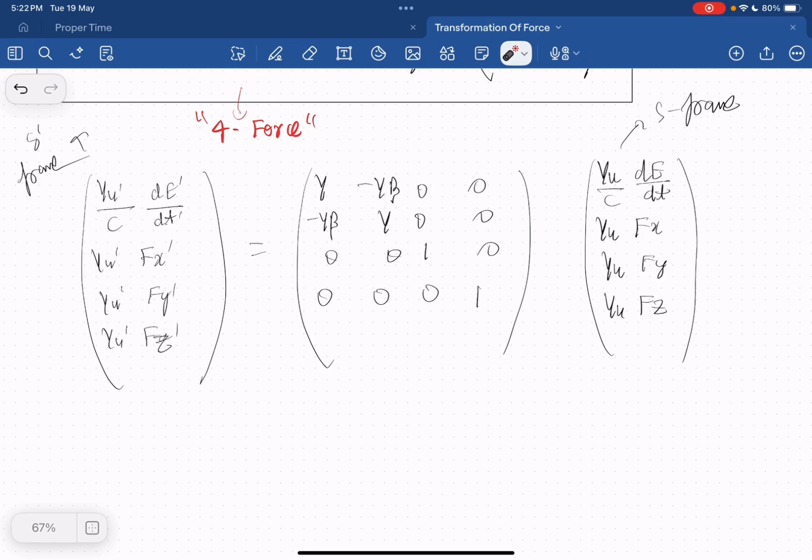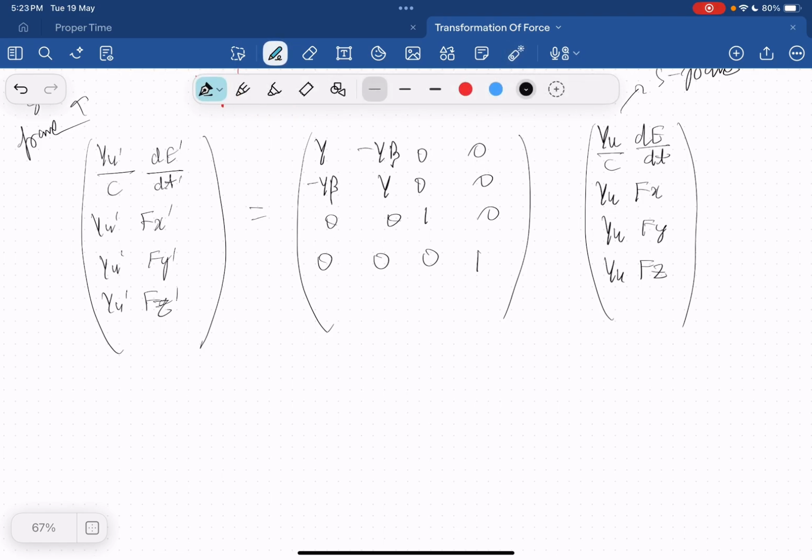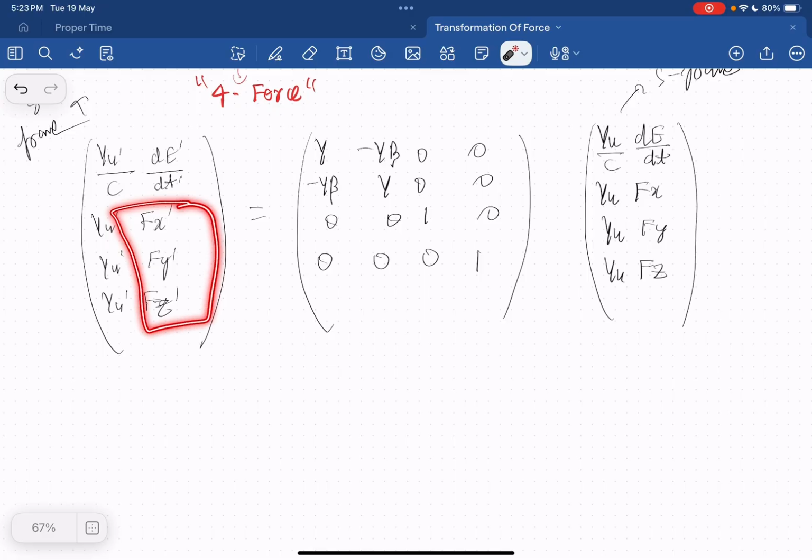Now we can multiply and get all the primed components in terms of the unprimed components. So since we are only in this lecture concerned with the transformation of force, let's not talk about this first component, although we can do that, it's nothing different, but let's focus on these 3 components.